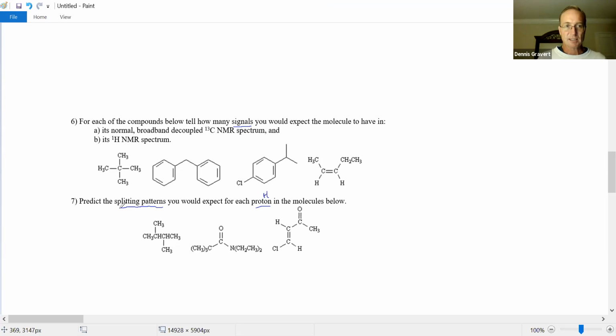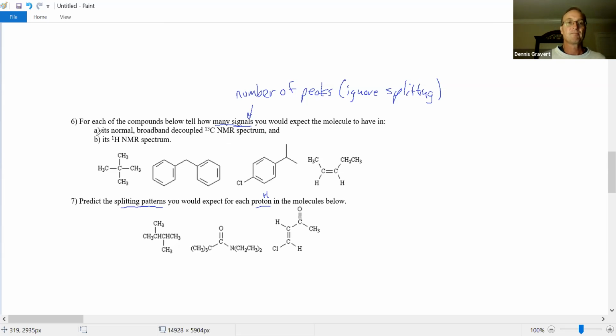Biggest difference is splitting patterns being asked here and signals up here. This basically is asking for the number of peaks, how many signals. It really wants the number of peaks, and you want to ignore splitting. It's a way of telling me that you understand when atoms can be equivalent in the NMR.